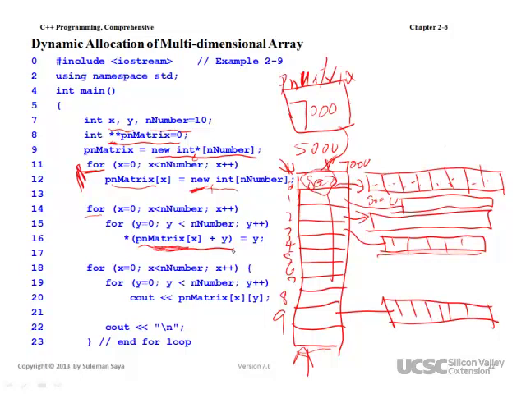So the first time y will be 0. So it will be saying this one right here, this location. And it is saying dereference that location.